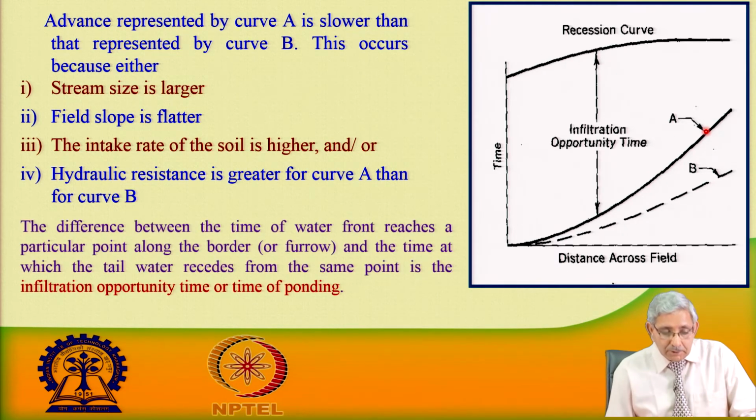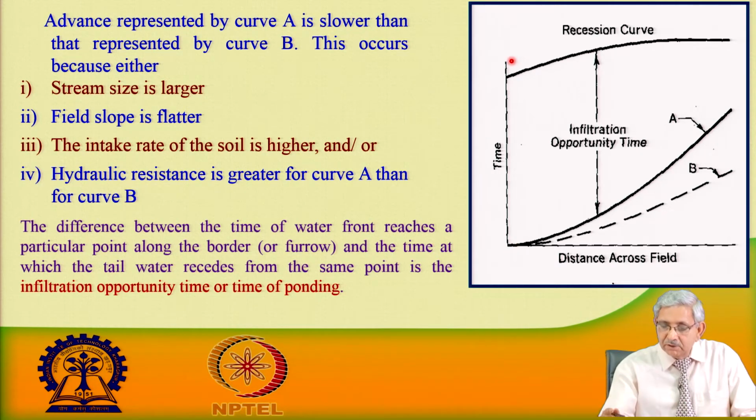Another point of consideration when we are designing any surface irrigation system is that when we plot these two curves, they should be as parallel as possible.